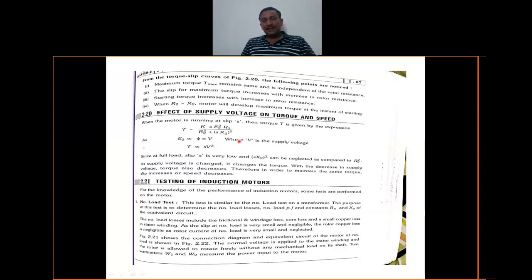Where V is the supply voltage, phi is proportional to V. So E2 is proportional to phi, and phi is proportional to V. So torque is proportional to S into V square.